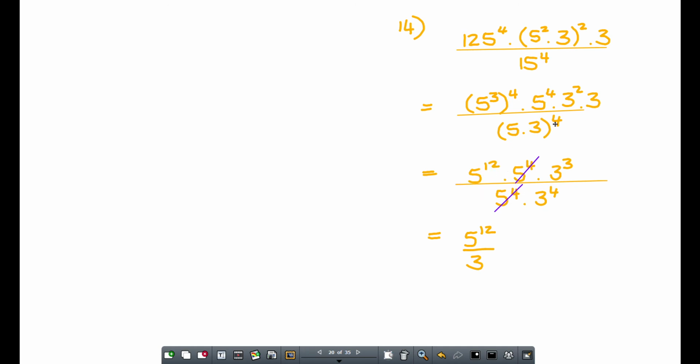Then the top part, all I did here, kyk gou daar, 3 tot die mag 2 maal 3 is mos eintlik 3 tot die mag 3. Okay, en dan onder die lyn het ek daai tot die mag 4 by elkeen van hulle gaan sit. So dan kry ek 5 tot die mag 4 maal met 3 tot die mag 4.